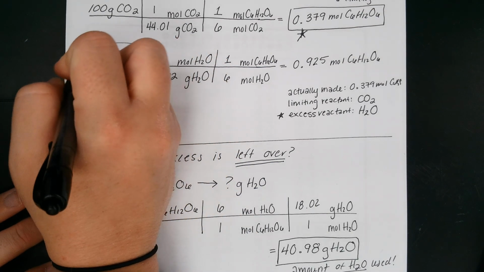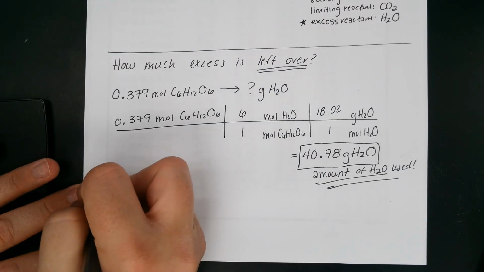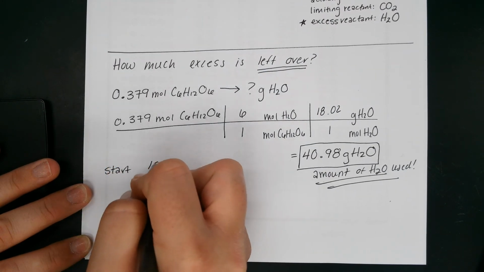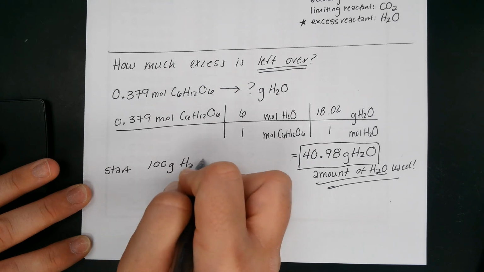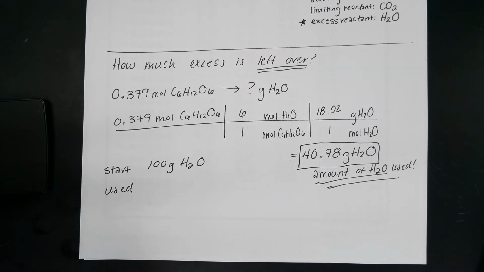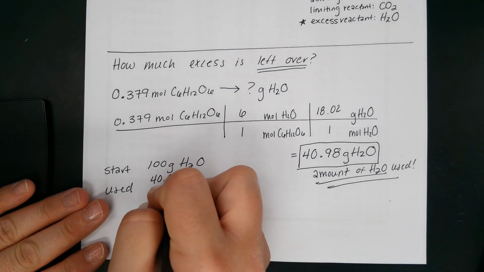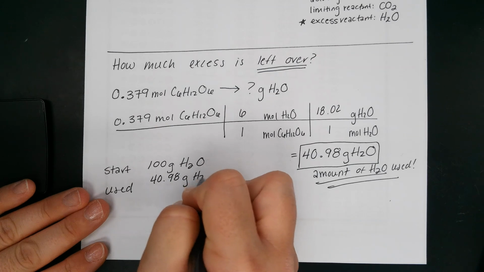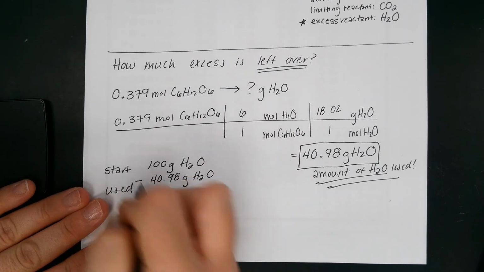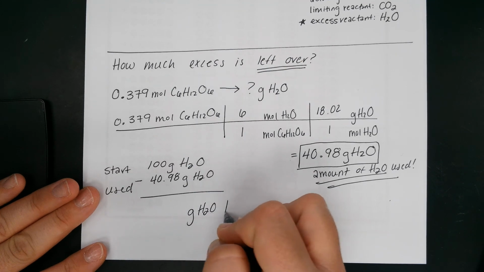So we started with 100 grams of water. We used, in the process of creating that amount of glucose, 40.98. So we'll subtract the two to get the grams of water left over.